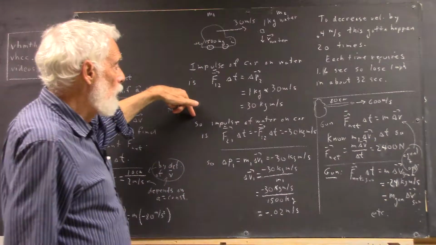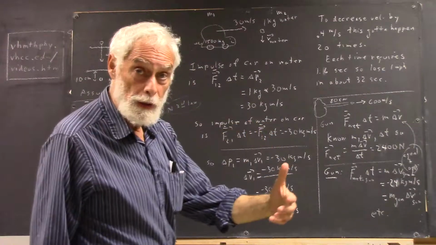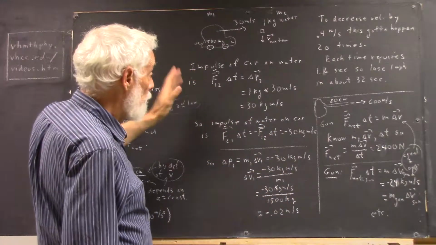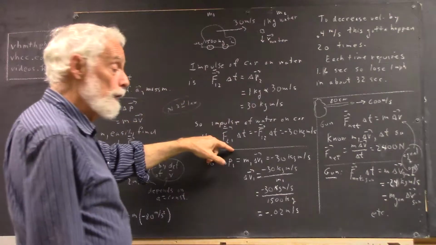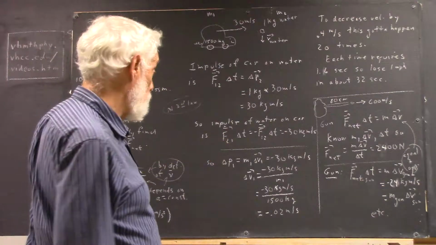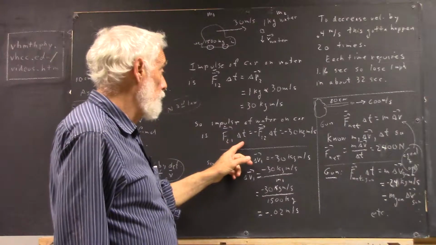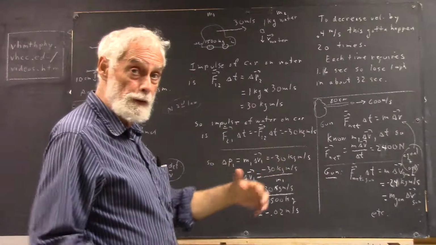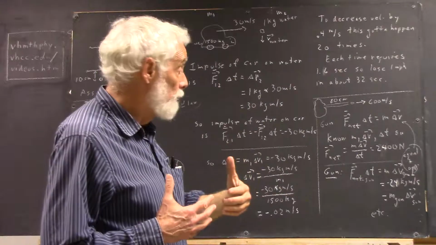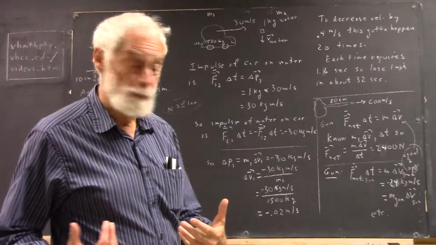So the impulse of the water on the car, because that was the question, we found the impulse now of the car on the water. Impulse of the water on the car will be equal and opposite to that, won't it? So we see F21 delta t is negative F12 delta t, because these two forces constitute an action-reaction pair.